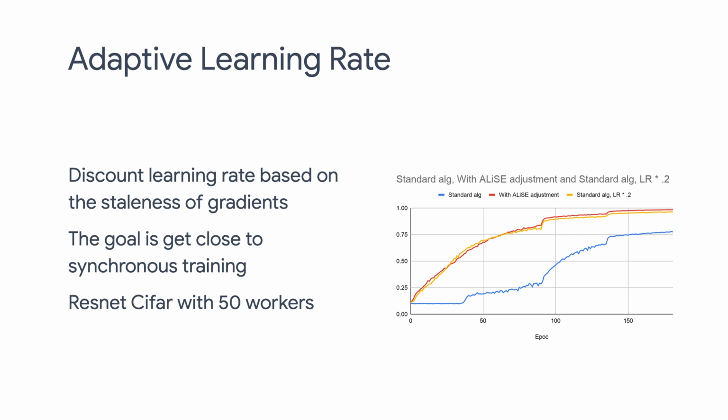The x-axis is the number of epochs, and the y-axis is the accuracy. The blue curve represents the standard asynchronous training algorithm, while the yellow curve and the red curve represent the adaptive learning rate algorithm. We can see that the training with this algorithm has a smoother accuracy curve and converges to state-of-the-art much faster in terms of the number of epochs.